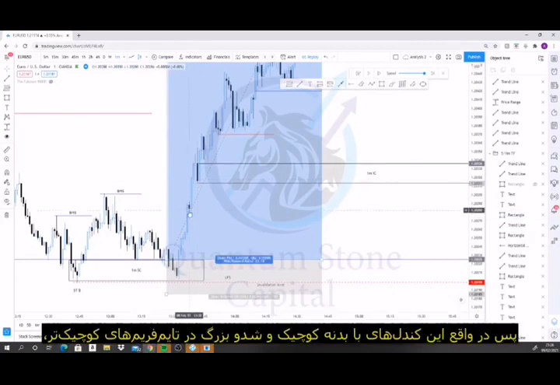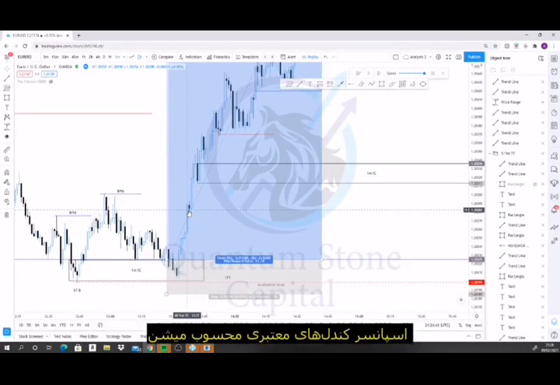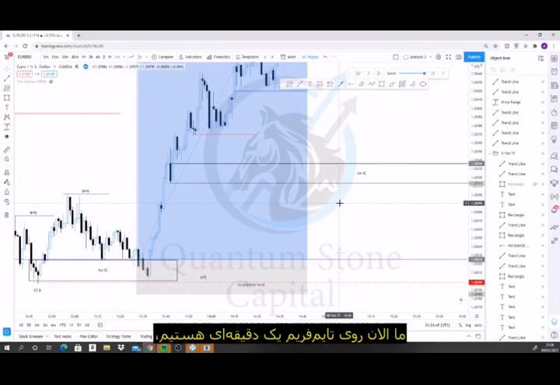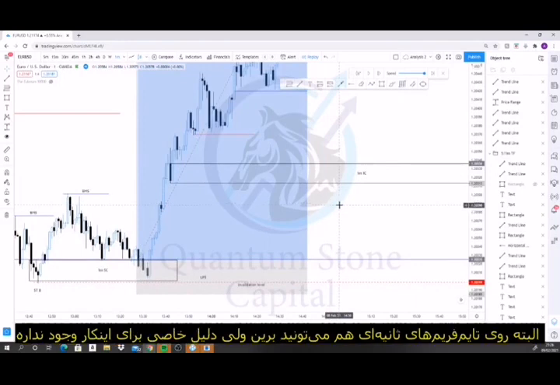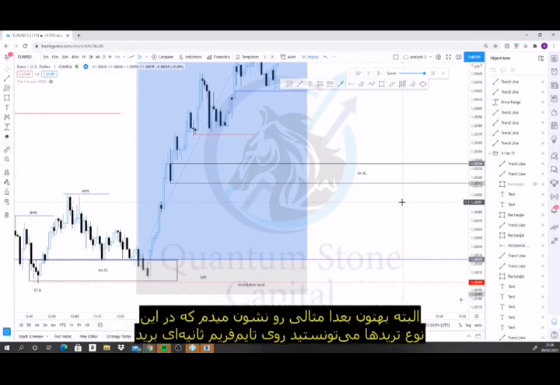So yeah, these sort of big wicked candles with a small body inside that candle on a smaller time frame is actually a very valid sponsor candle on a smaller time frame. So yeah, but anyways, we're on a 1 minute time frame. Again, you can go to the seconds, but to a certain extent there isn't any point. But I will show you an example where you could have gone to the seconds in this sort of trade.